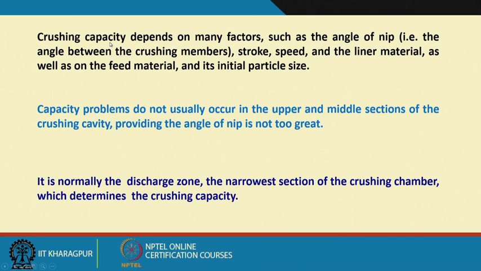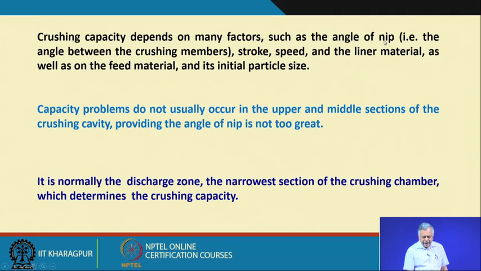No. So we must know the factors, coming from the material and the design of the crusher. Crushing capacity depends on the angle of nip, that is the angle between the crushing members.